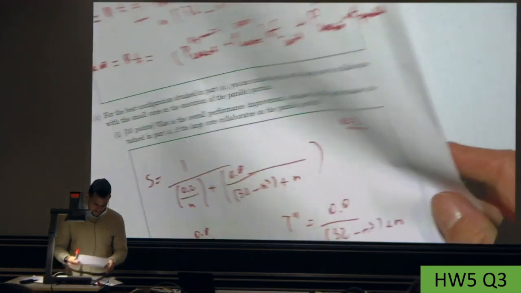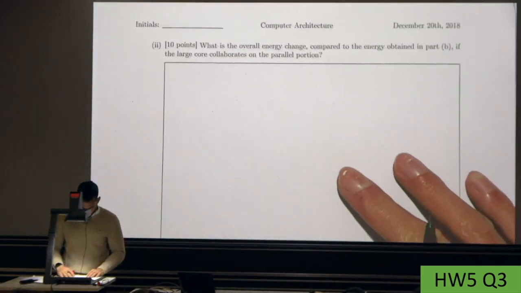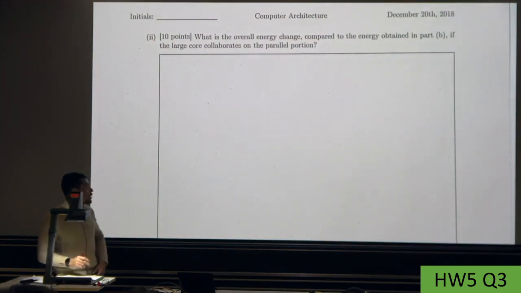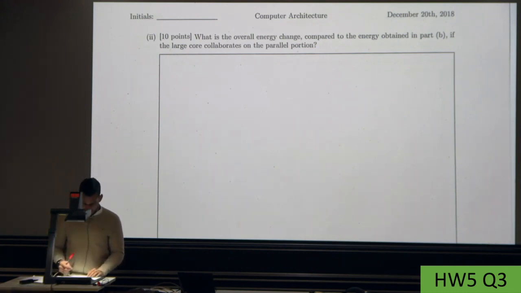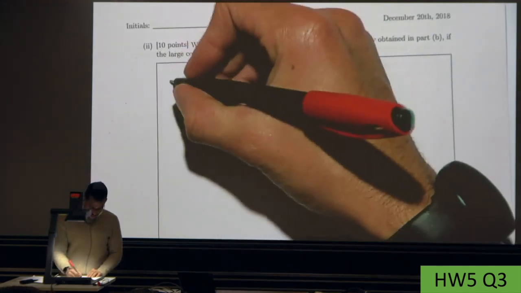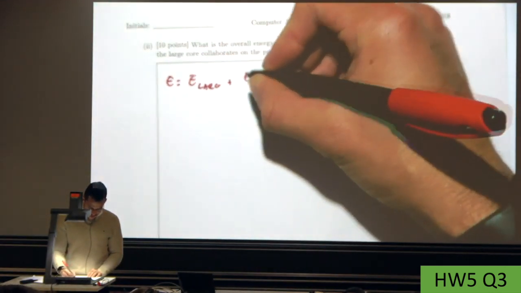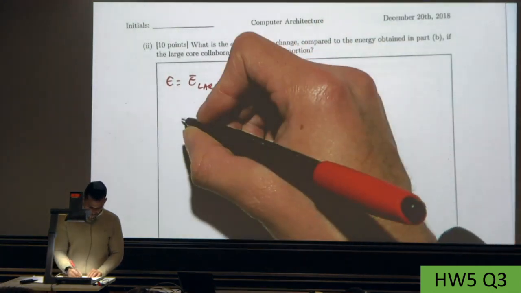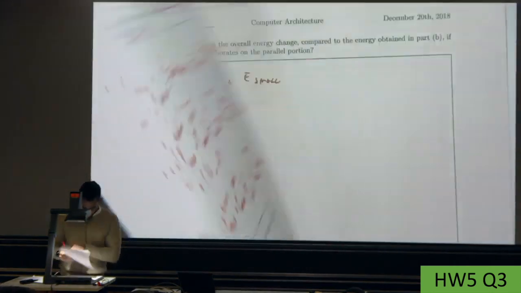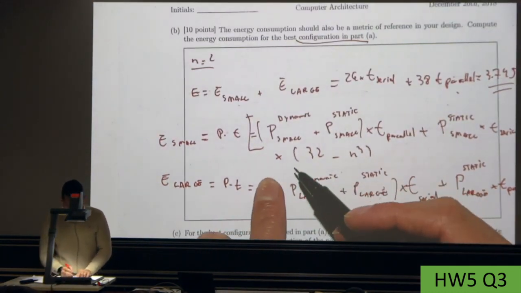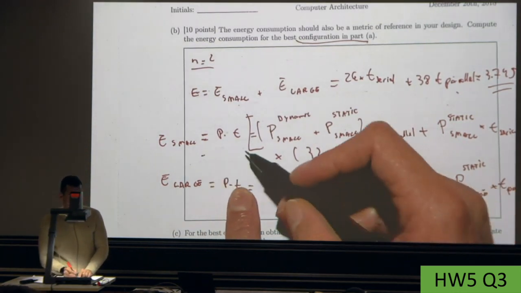Okay. Now it also asks what the energy change is when the larger core collaborates in the parallel execution. Recall that the energy is the energy of the large core plus the energy of the small cores. I'm going to reuse the equation from before because it's quite similar. For the small core, this equation does not change.